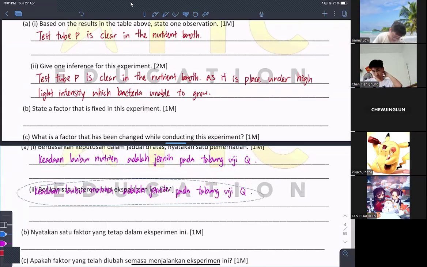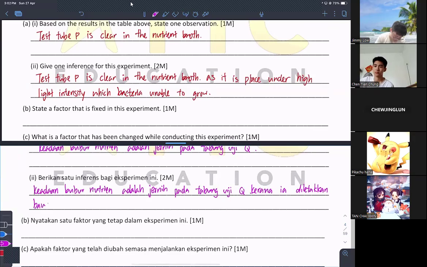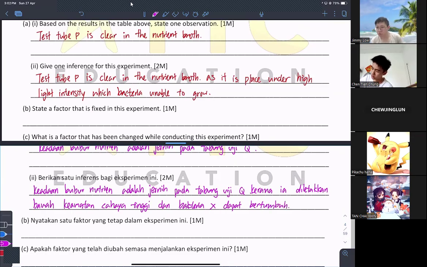Keadaan bubur nutrient adalah jernih pada tabung uji Q kerana ia diletakkan bawah keamatan cahaya yang tinggi dan bakteria tidak dapat bertumbuh. Okay, so the bacteria cannot grow in this way lah.